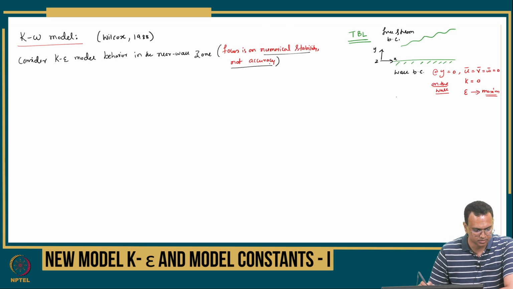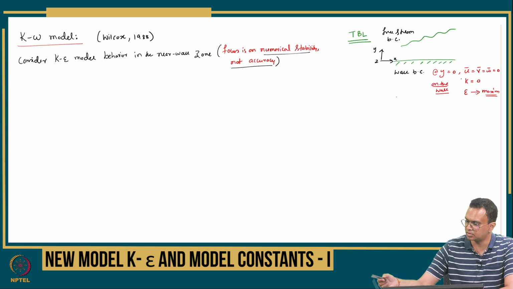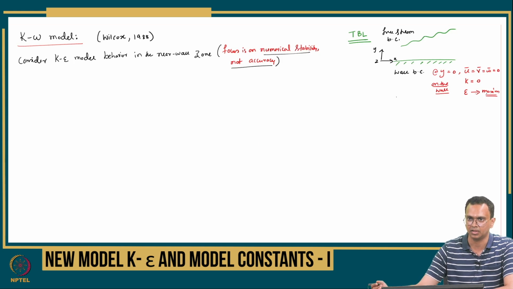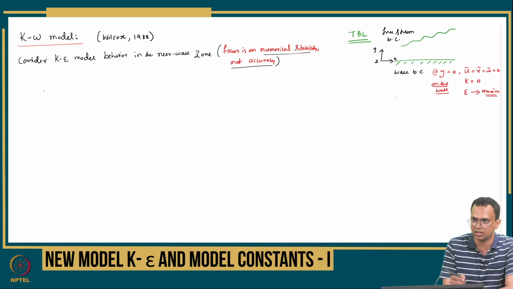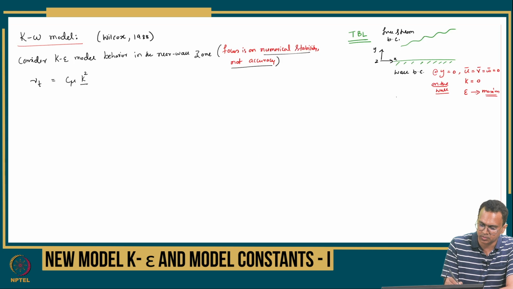So let's look at some of the terms. These terms going to 0 is fine. Epsilon becoming maximum does not cause any numerical stability issue if you figure out how to give a boundary condition which can lead to maximum epsilon. But let's look at other components. We have the eddy viscosity that you have to compute first in a K epsilon model, nu t, which is equal to C mu K squared by epsilon.